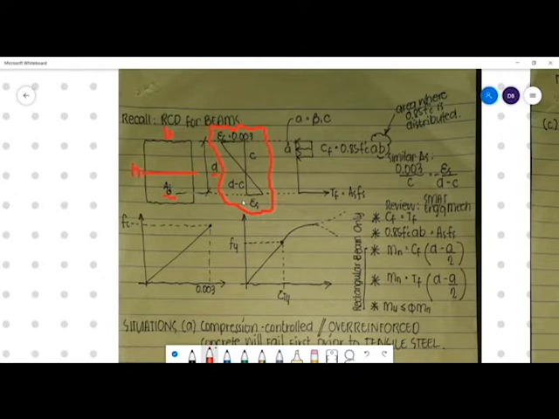Mamaya aalamin natin kung gaano kalaking strain ang mangyayari sa concrete at sa steel mo. Pero we know na fix ang strain limit ng concrete, which is only equal to 0.003.